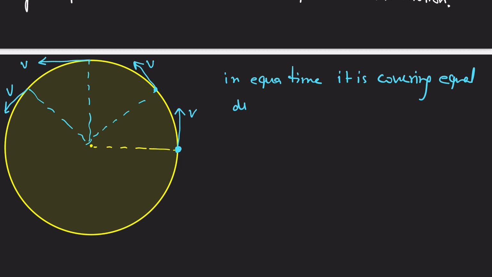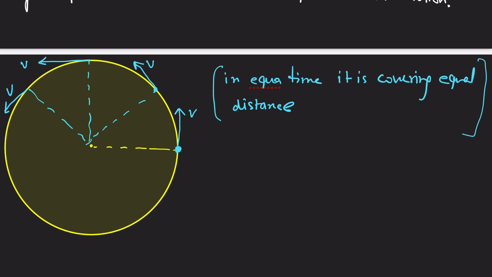Let's say in 2 seconds it has covered this much length, so in the next 2 seconds also it will cover the same distance that it has covered here. So this distance is equal to this distance is equal to this distance if the time taken in each interval is the same. This is the meaning of having a constant speed. I hope you are getting my point.